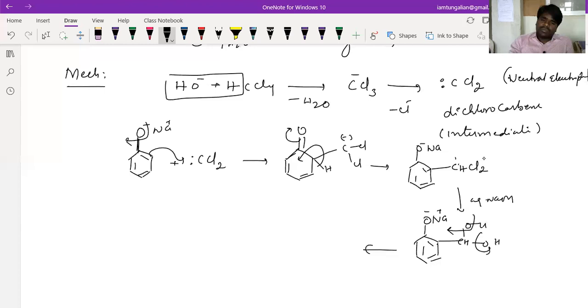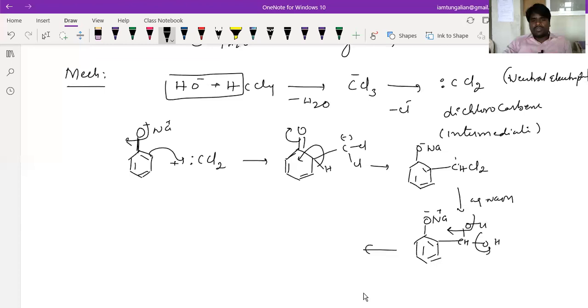What happens at this stage? This bond will be broken, beta. It will shift here, and this bond goes here. So it will be converted into this. The chloride will be replaced by the hydroxyl group. What happens?